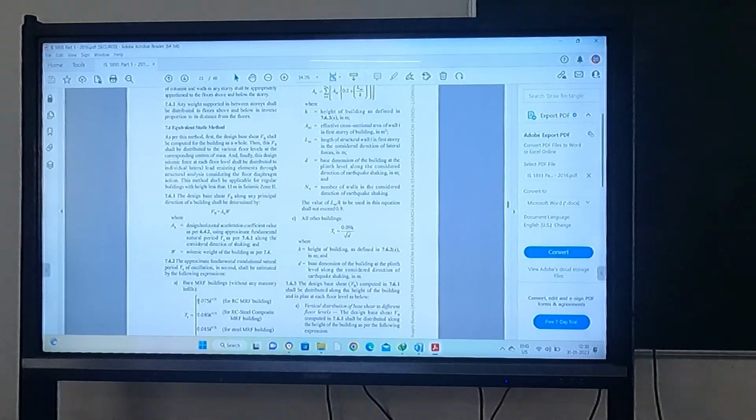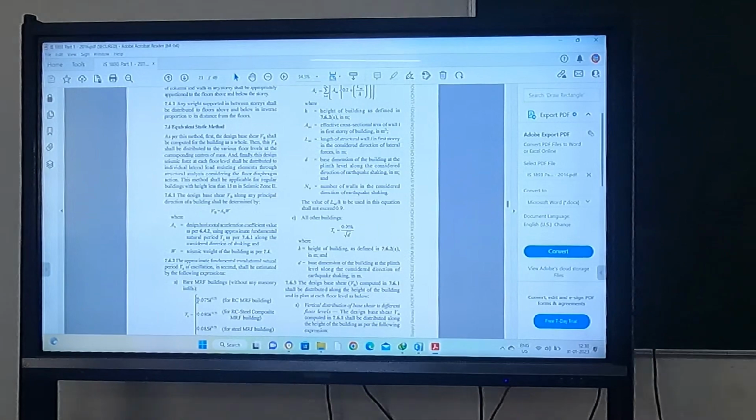This is the expression, 0.075 into h to the power 0.75. It gives 1.009.